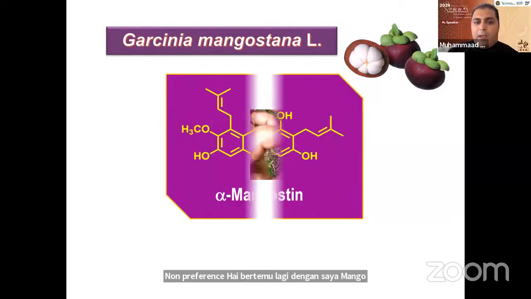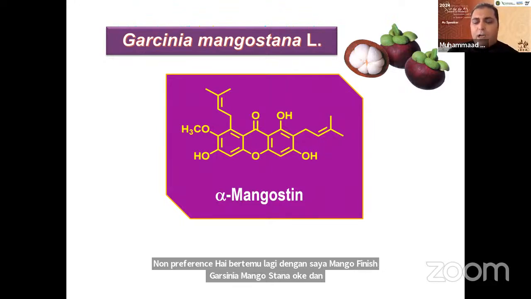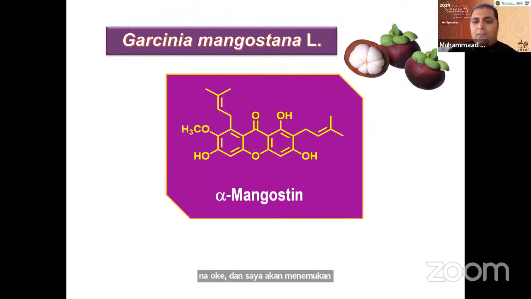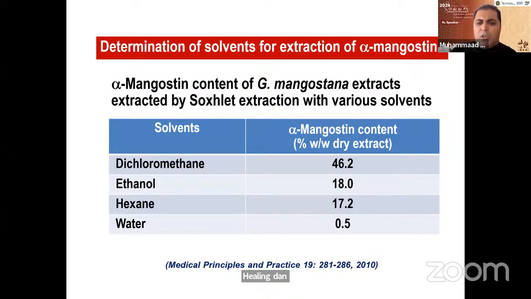The active compound in the peel of mangosteen is alpha mangostin. Alpha mangostin has been reported for its antioxidant, wound healing, anti-inflammatory, and antimicrobial potential.